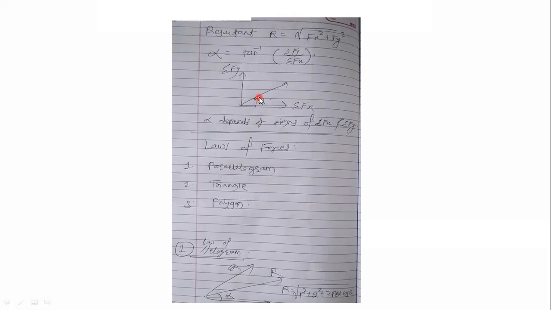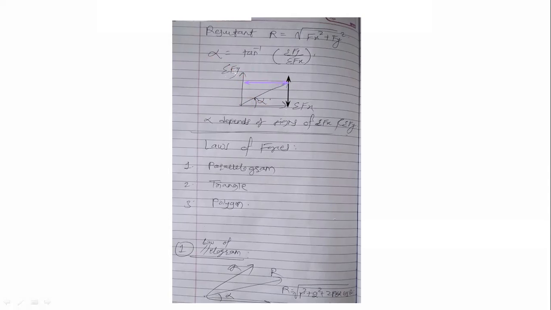You know that tan of any angle equals opposite upon adjacent. So tan of this alpha will be equal to opposite, so opposite will be this Fy. This Fy can be taken here. This same Fy can be drawn here also. You can see this will also be Fy, so these two Fy will be similar.